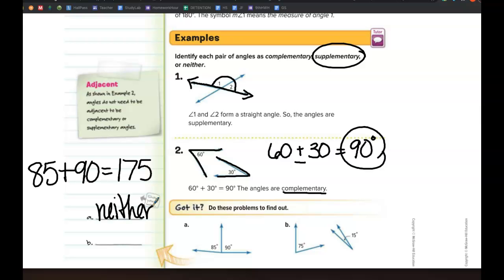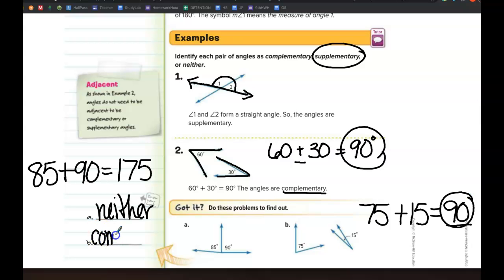B, you have 75 plus 15, which I add them together, it equals 90 degrees exactly. Complementing someone is the right thing to do, and this measures a right angle. Therefore, B, they are complementary angles because they equal exactly 90 degrees.